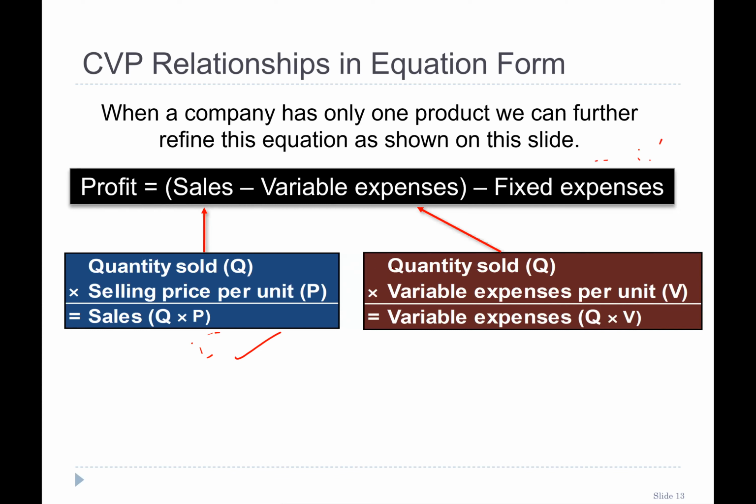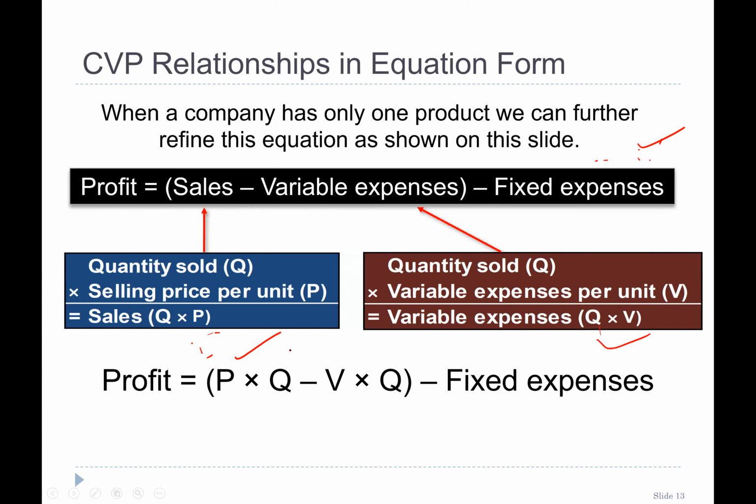Similarly, with the variable expense, variable cost per unit multiplied by quantity, and fixed cost is fixed cost because we are not segregating it into per unit. So we can just switch sales with price per unit multiplied by units sold, minus variable cost per unit multiplied by the units sold. Right?